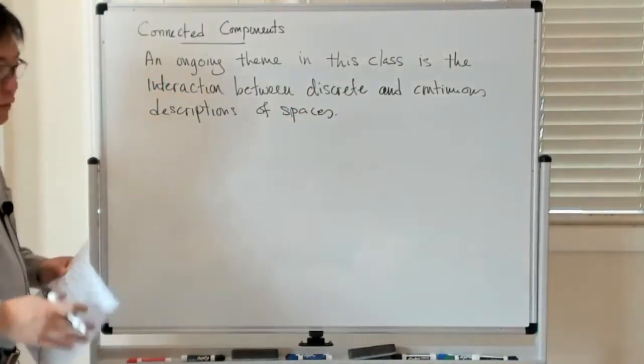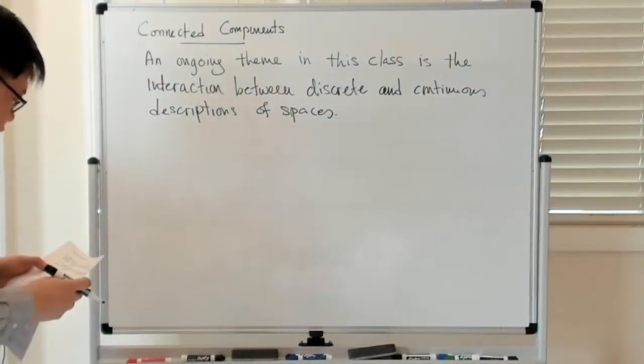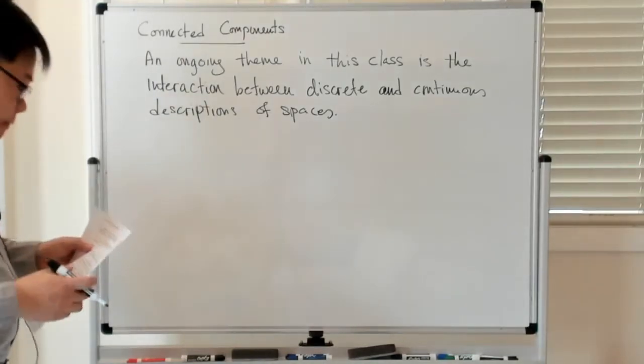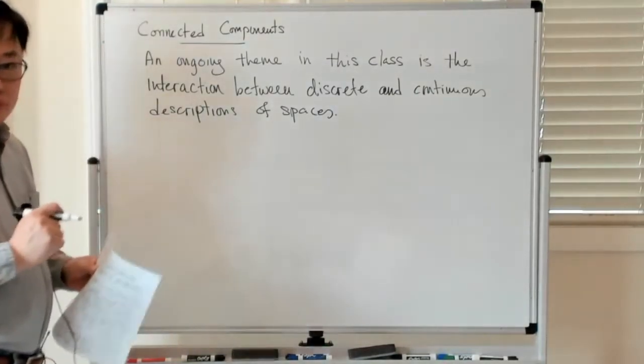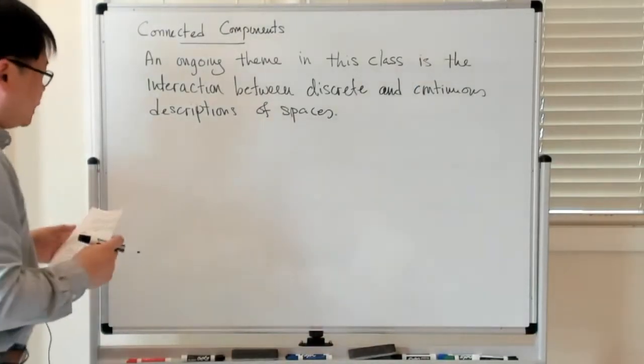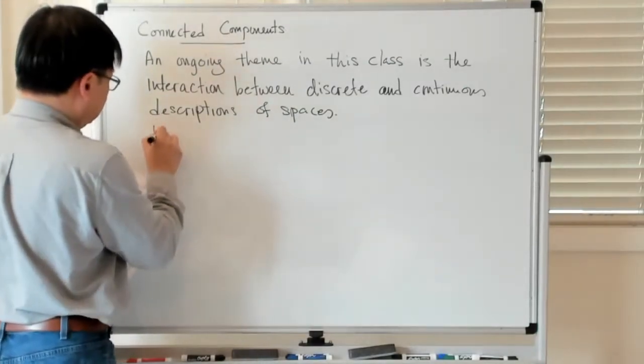And basically how they relate to each other. Okay, so we'll first discuss this notion of connectivity in the discrete setting, and then in a subsequent lecture we'll talk about what the continuous analog of these ideas would be.